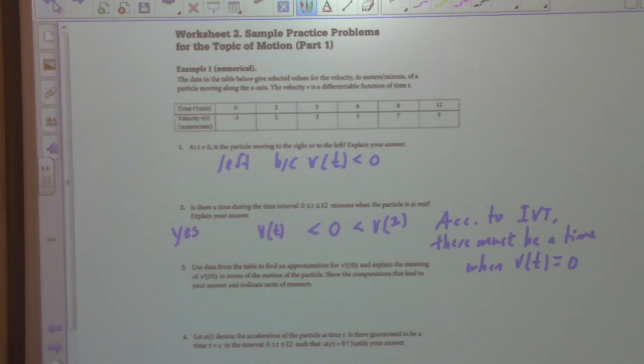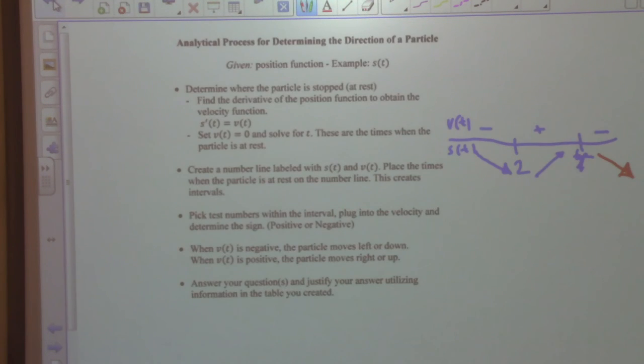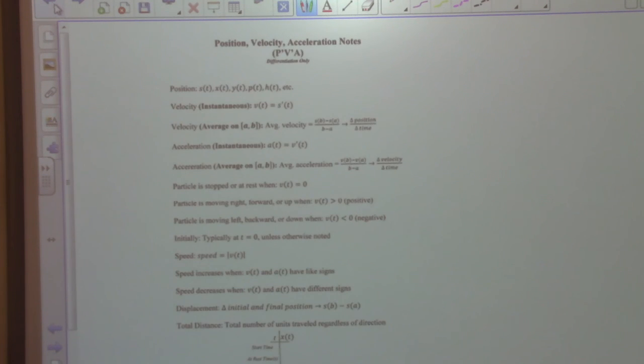Okay, let's go back here. Let me show you something. And this really should tie in here. Okay, it's right here. Do you see that?